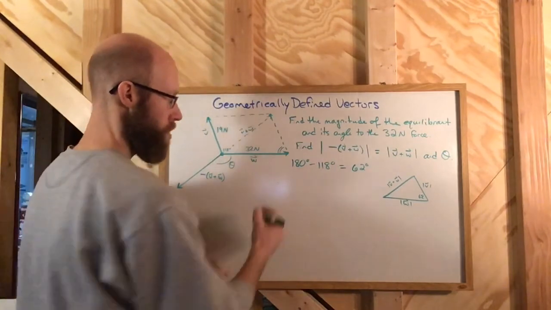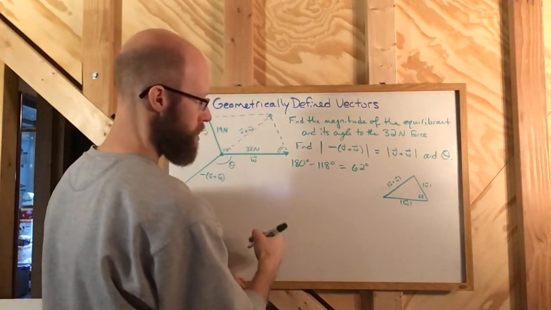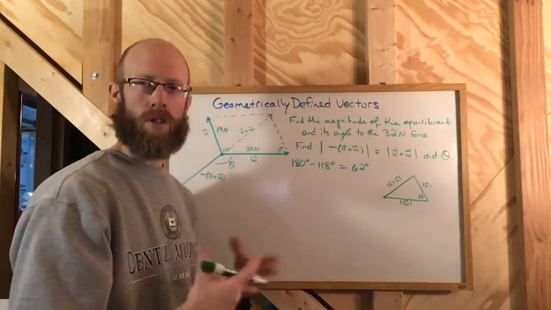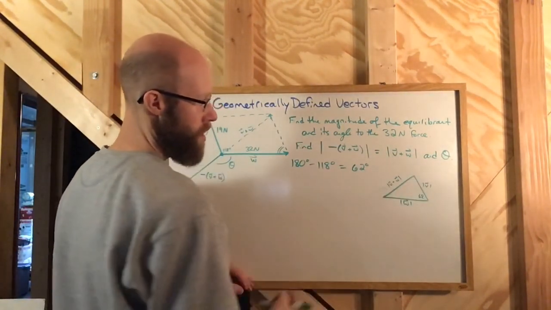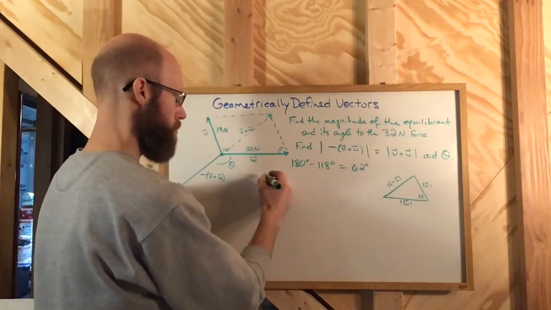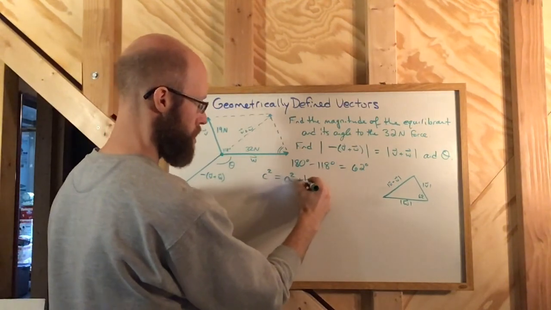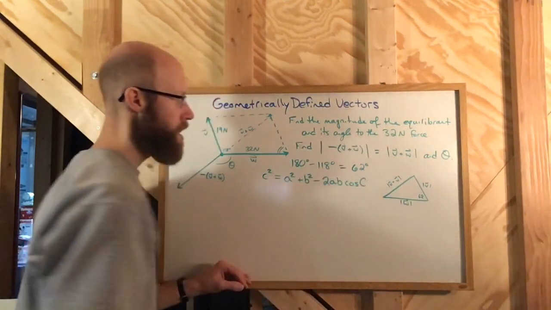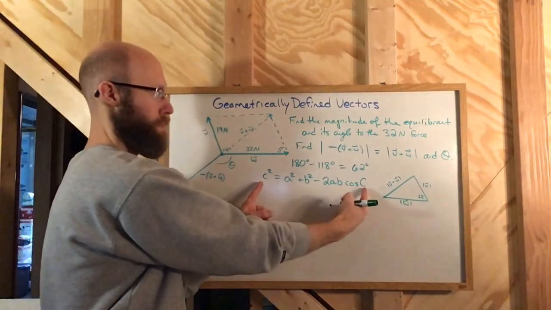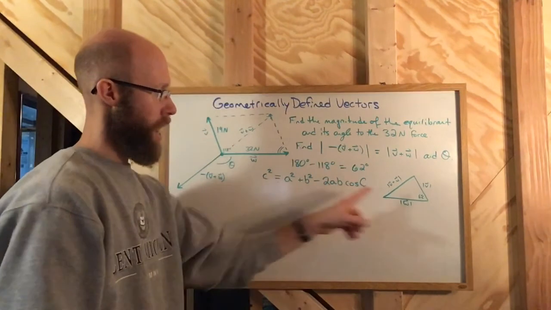So I'm going to start off just plugging stuff in. Remember the law of cosines: c squared equals a squared plus b squared minus 2ab times the cosine of big C. Remember that big C is the angle that's given, little c is the opposite side.